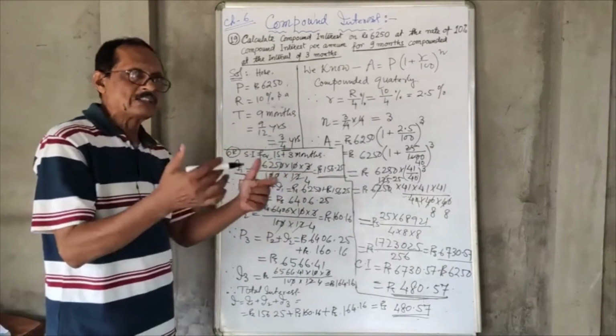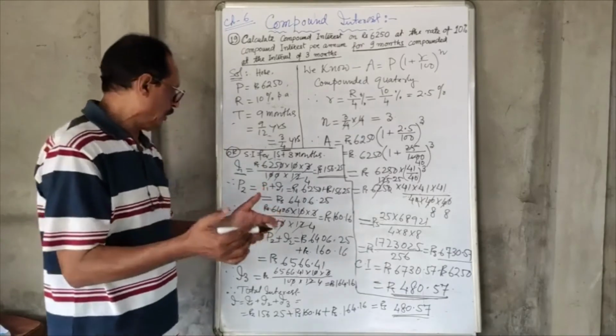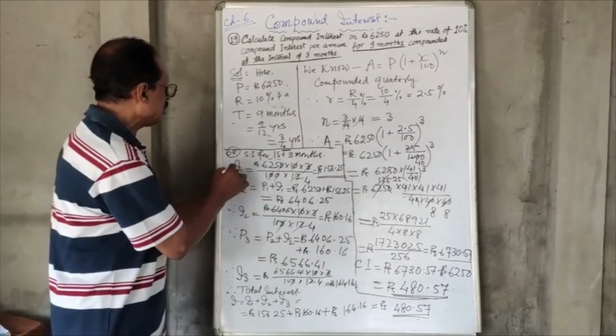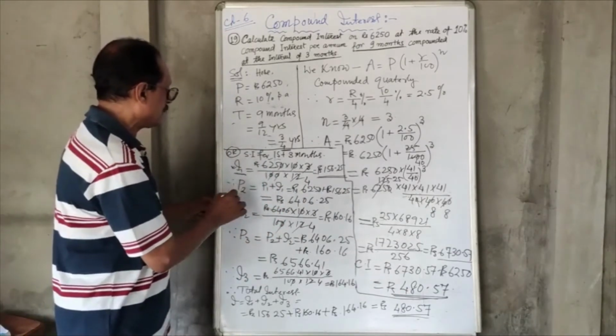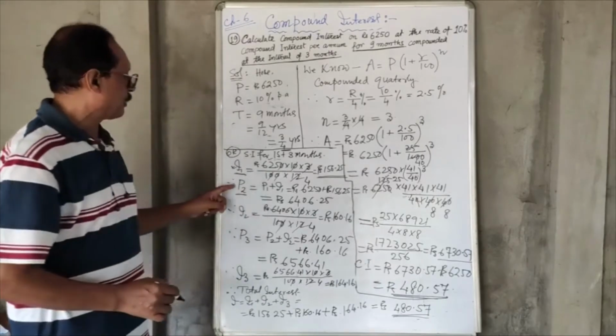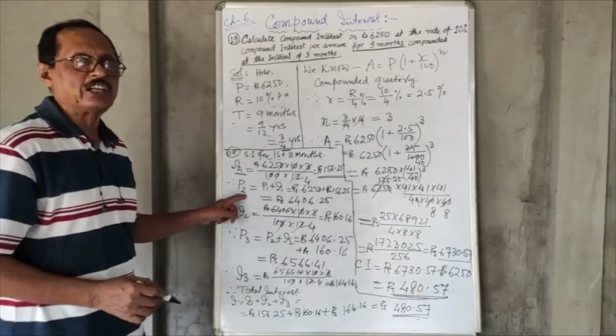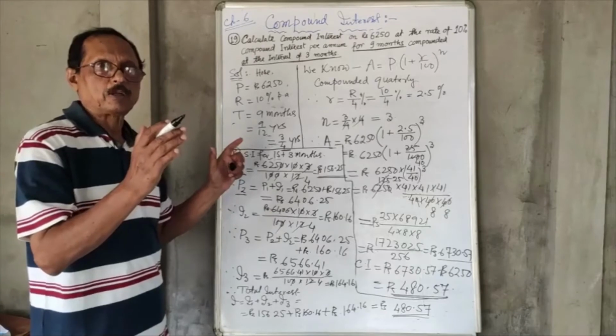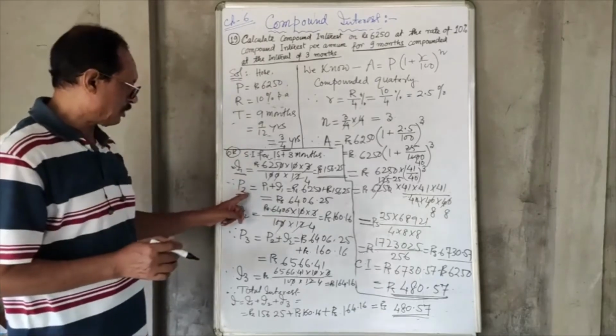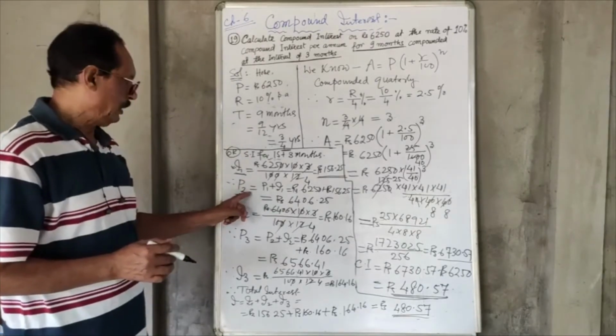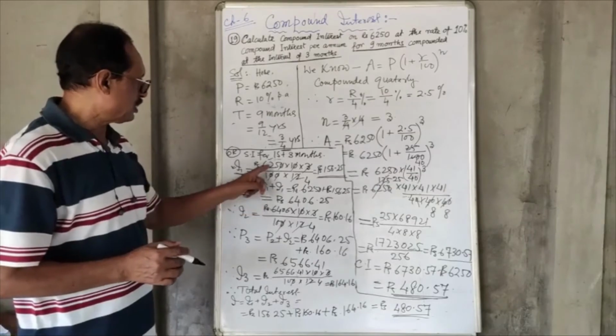So this is the interest for the first quarter, the first 3 months. Now the next 3 months calculation: adding this interest to the previous principal, that will be taken as the principal for the second interval of 3 months. So I am terming it P2, and P1 is the principal which is given to us.